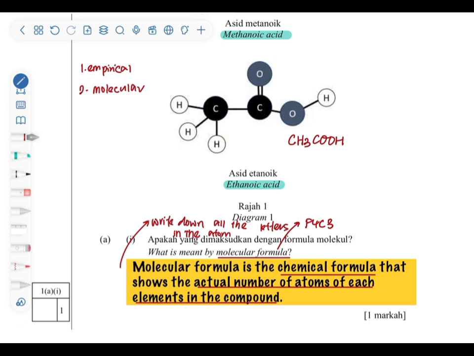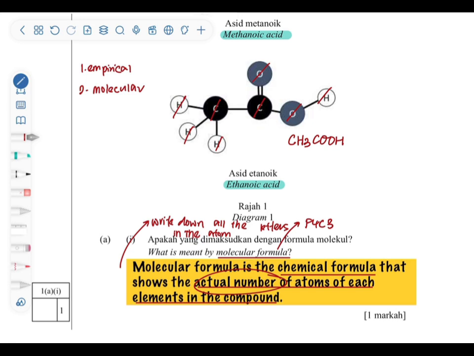We know that we have 2C, 4H and 2O. So this is how we write the molecular formula for ethanoic acid. You need to write out all the number of atoms.